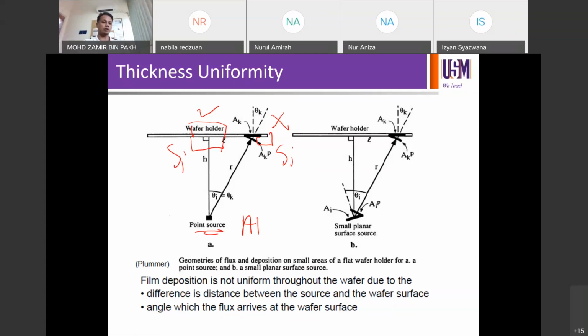Separation distance is one thing, and the effective distances here and here are different as well. You can calculate that by knowing the angle. The angle at which the flux arrives at the wafer surface is different. So you end up having different thicknesses of your aluminum on the wafers at the center and at the edge of the substrate holder or wafer holder.